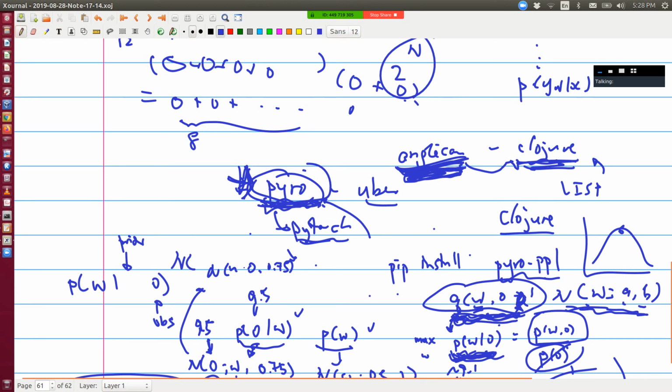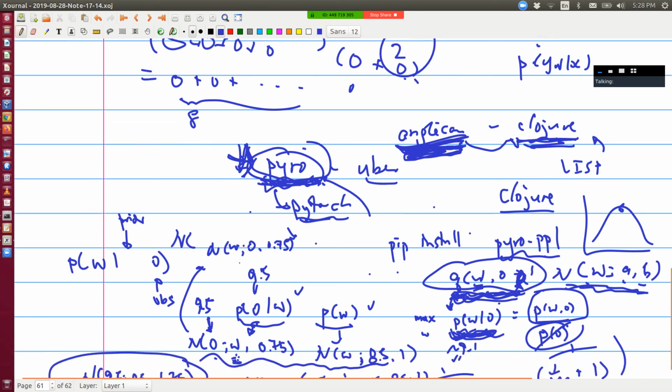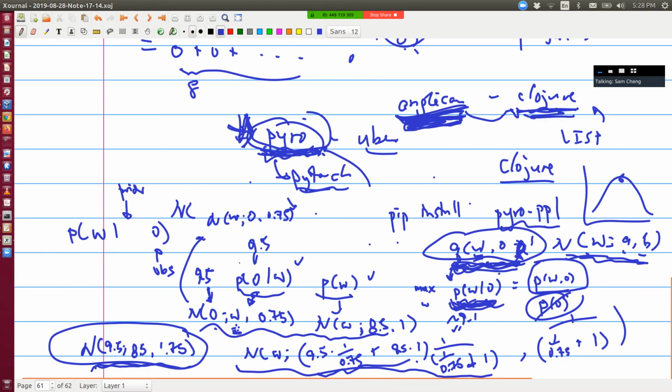So we want to find the W because we already know O. We know this mean, and this is the variance, and we want the W that maximizes that. What about the complexity, if there is more than one? You mean like a mixture of Gaussians? Yes, I mean when we should use Pyro, maybe if there is some complexity.